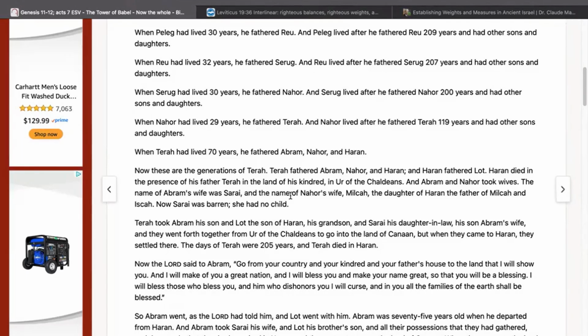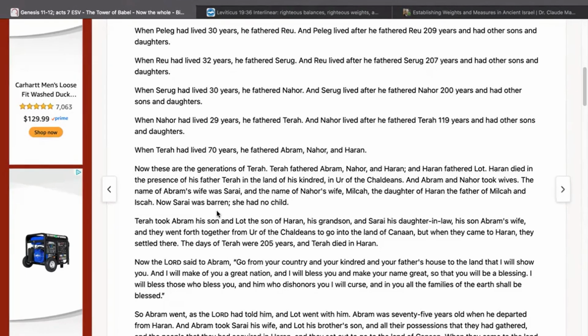All right. So the contradiction is that in Genesis, Moses writes, "So Abraham went as the Lord had told him, and Lot with him. Abraham was 75 years old when he departed." Right.